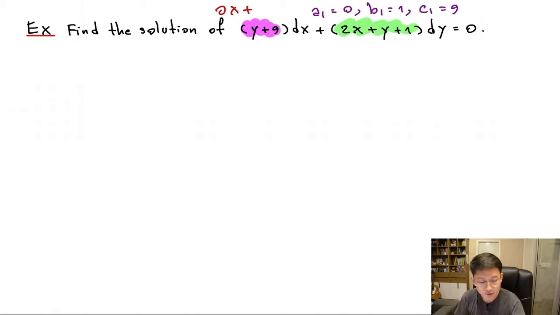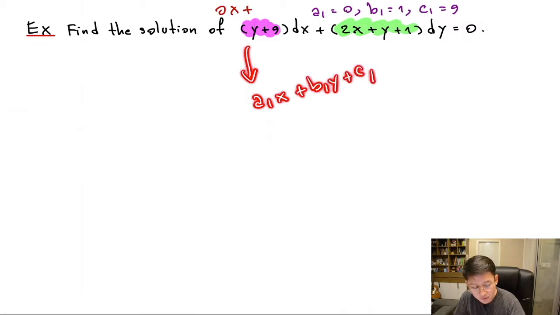Because there's no x there, a1 is 0, and b1 is 1, because y here is actually 1 times y. And then c1 is 9.